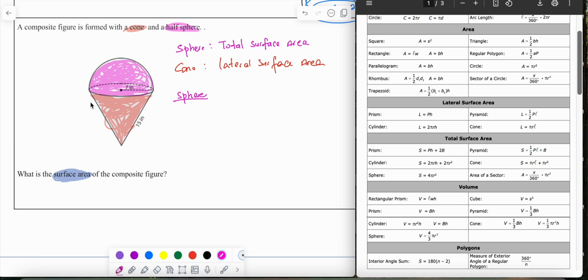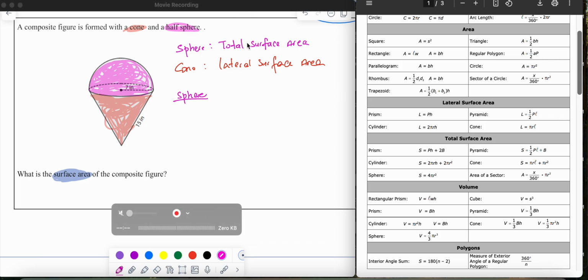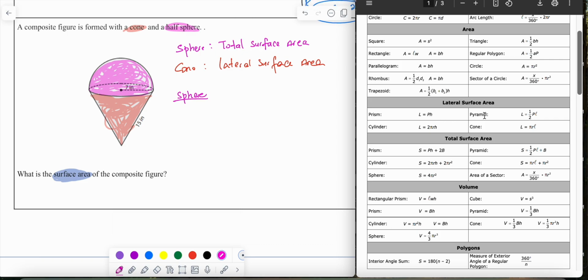All right? So I'm going to start with the sphere. For the sphere, we need the total surface area, so we look for sphere. It's right here. S equals 4 pi r squared. Now r is going to be equal to 7. That's the radius.